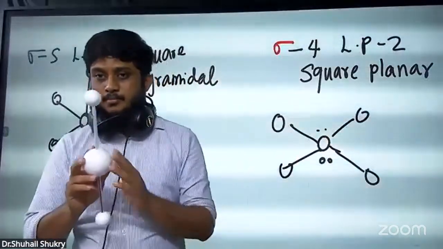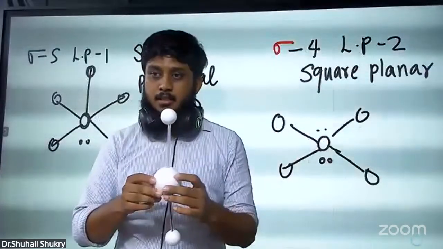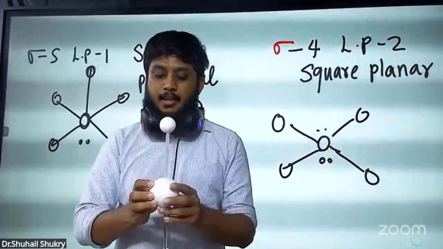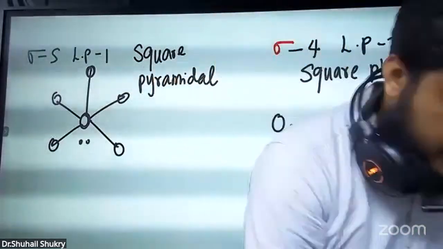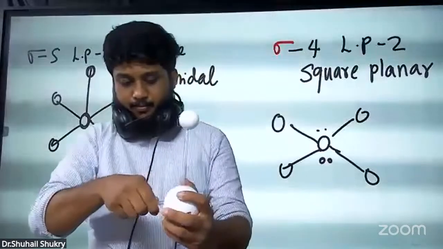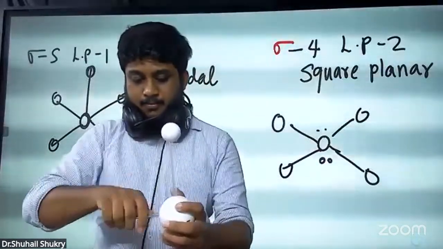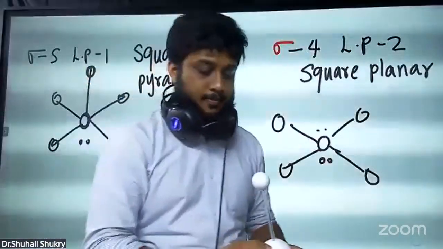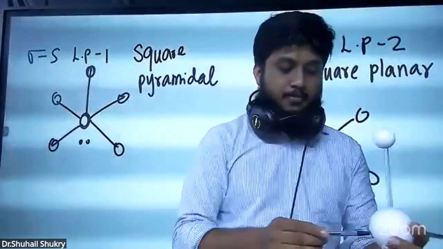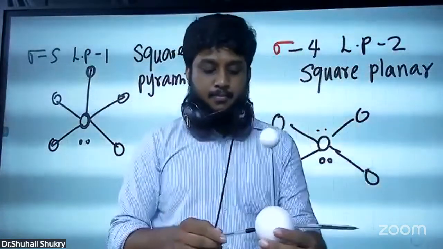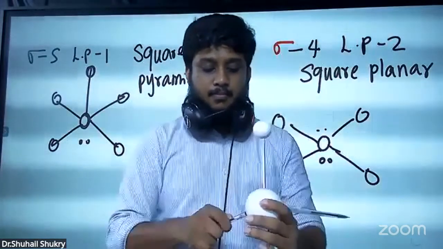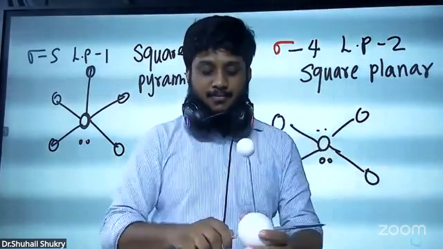The same thing. Now I'm going to make a trigonal planar for this. I'm going to make a trigonal planar while keeping the linear this side. Right? Like this.